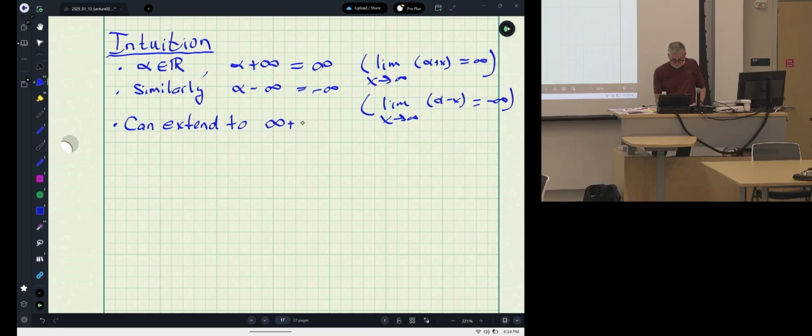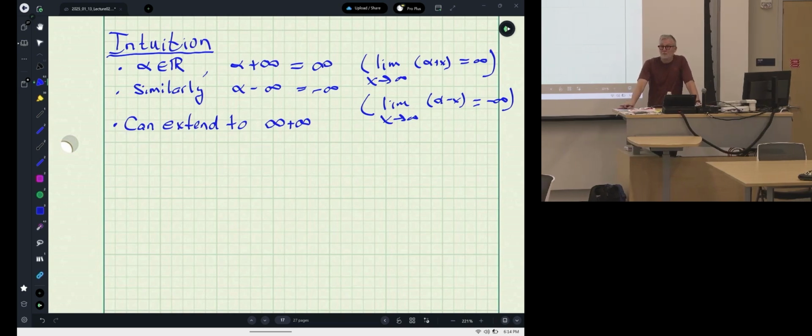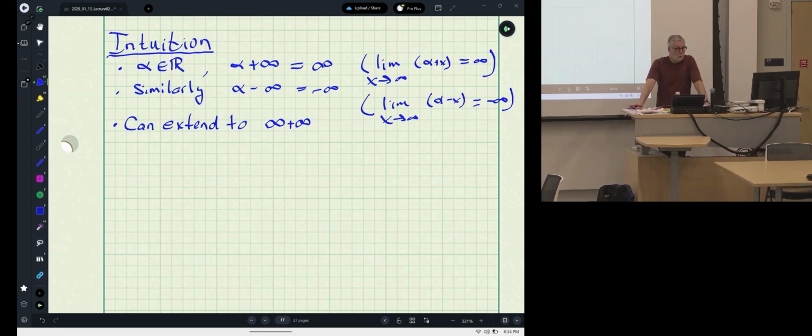Now I ask you, how should I define infinity plus infinity? Infinity. How many think it should be infinity? Oh, wow. Yeah.